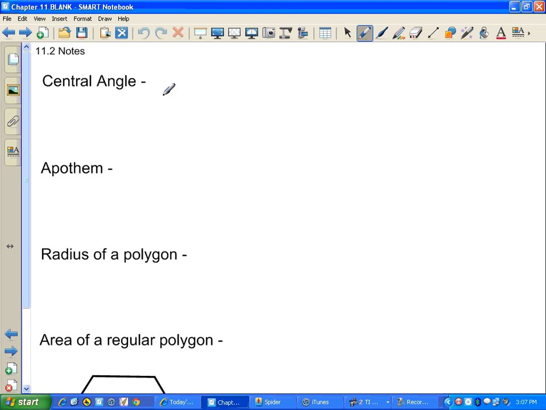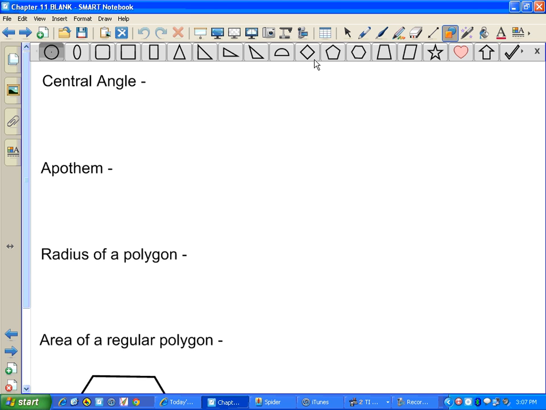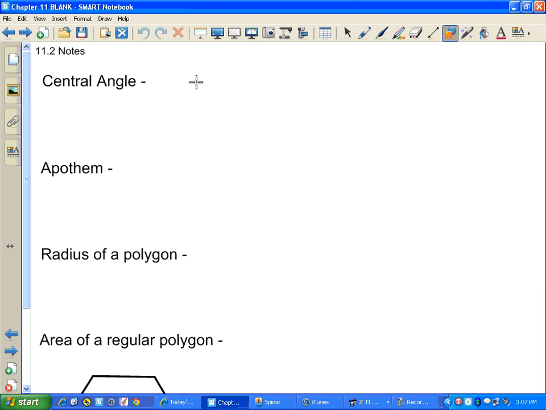So if you know what a central angle is, it's kind of like the central angle that we had on a circle, only we don't have a circle, we have a polygon. So a central angle would be an angle that goes from the center and then out to two vertices.